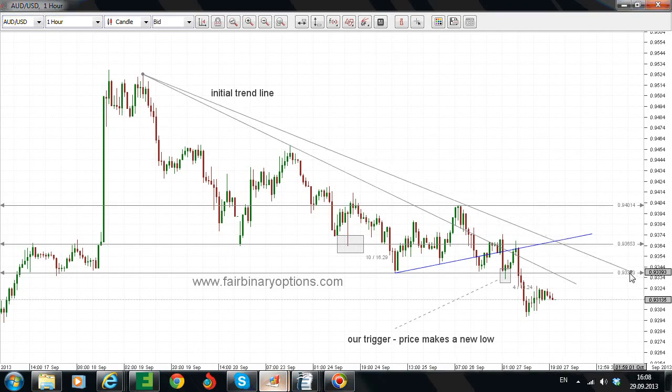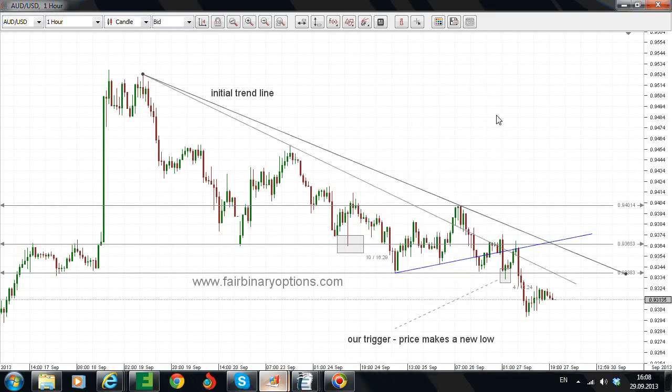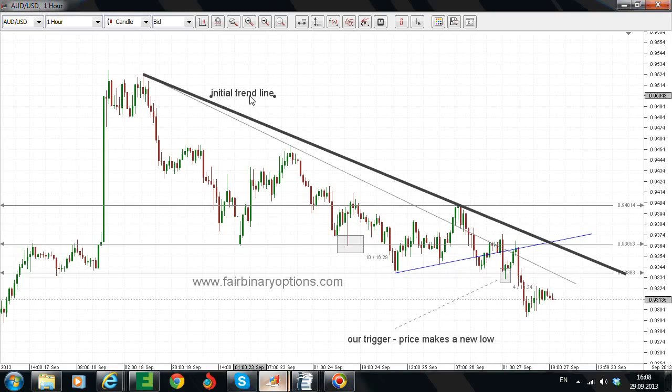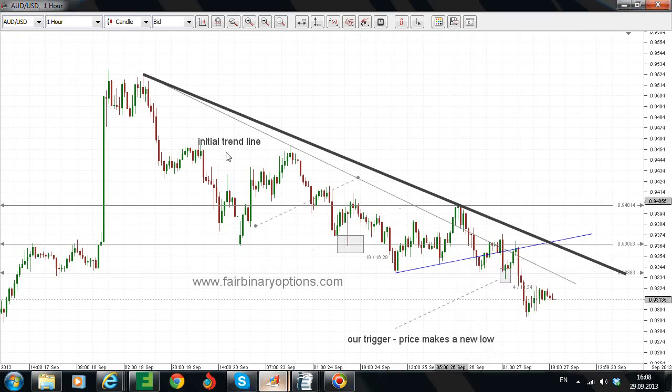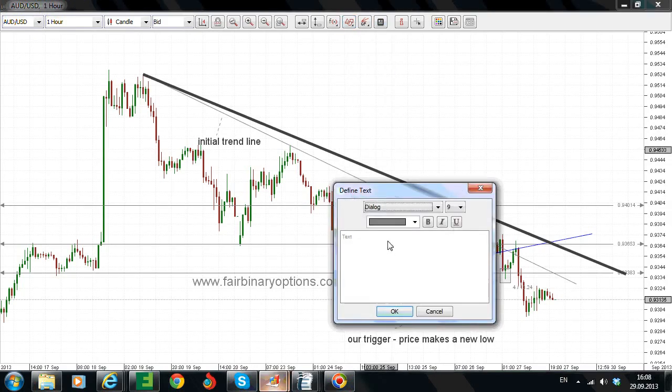So our true trend line now is this one, in terms of the euro, the Australian dollar and the US dollar. Let's mark this one as black, a bit different so that we know. The initial trend line was this one, and now we are looking for our true trend line to be this one to the upside.